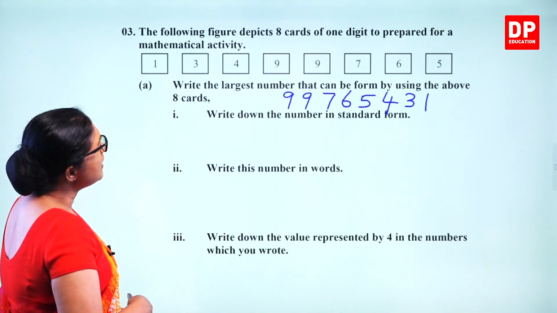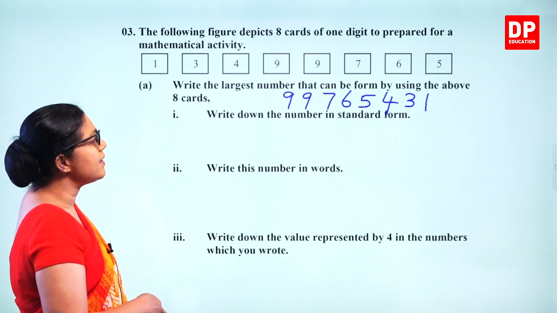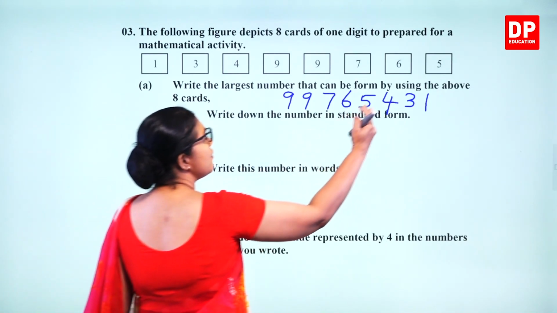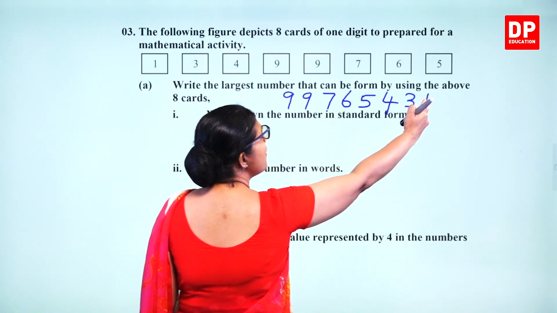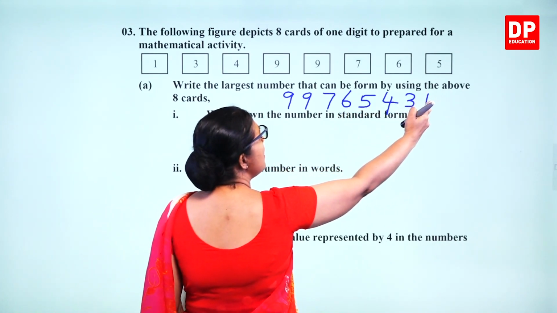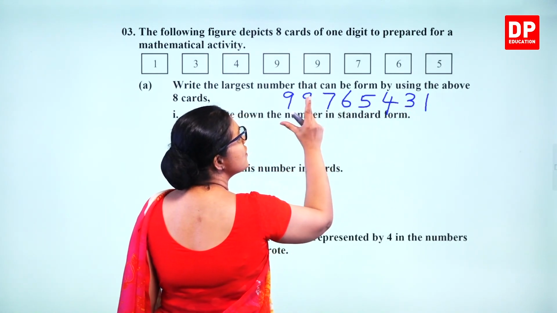Write down the number in standard form. So when you are writing the standard form, you have to start from the right side, and then you keep 3 digits.